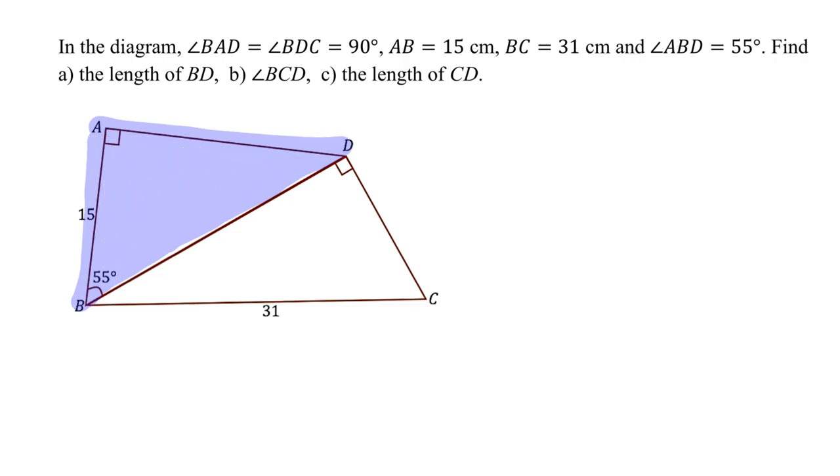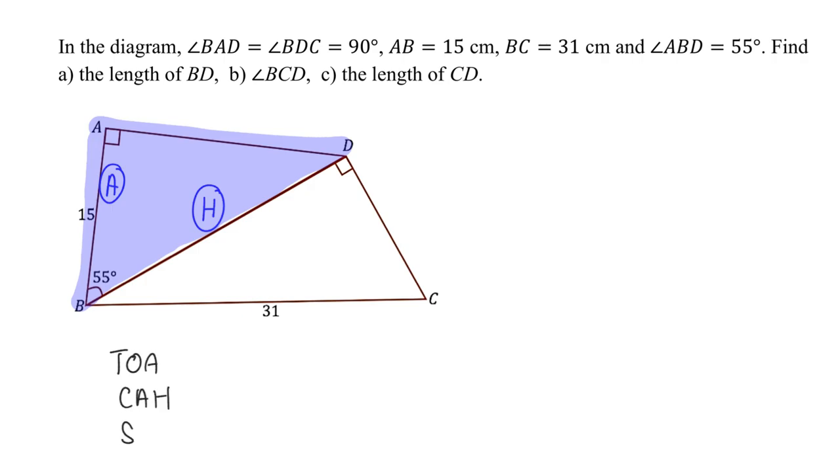Here, since I am given the angle 55 degrees and one of the sides, 15, and I need to find BD, using 55 degrees I would be able to identify this as my adjacent side of angle 55 degrees, and this is my hypotenuse of the angle 55 degrees.